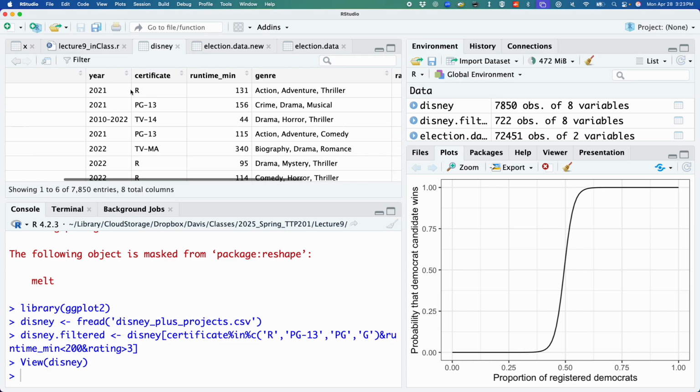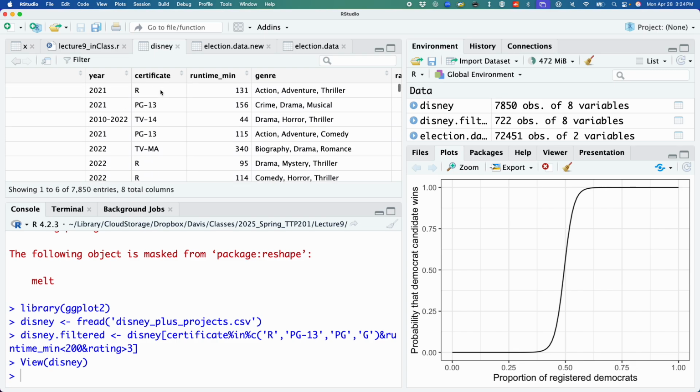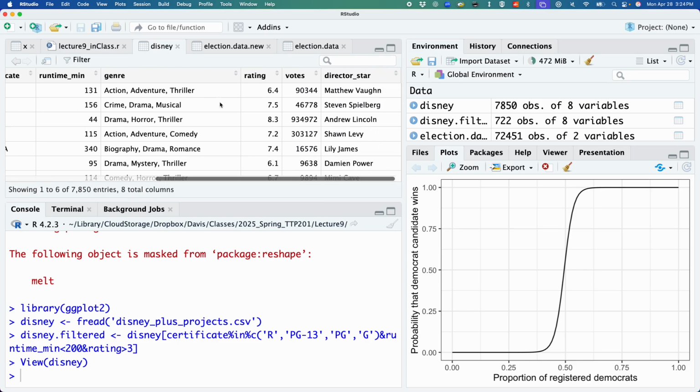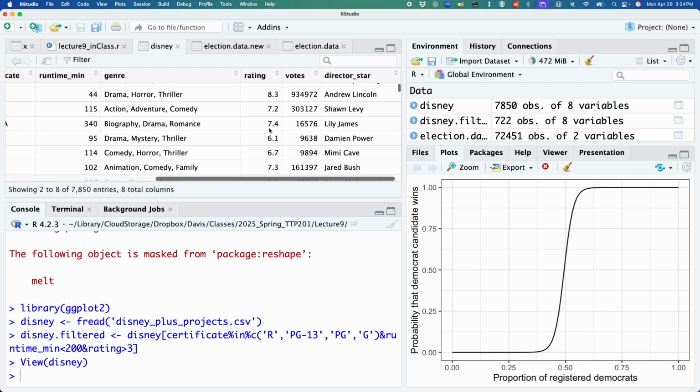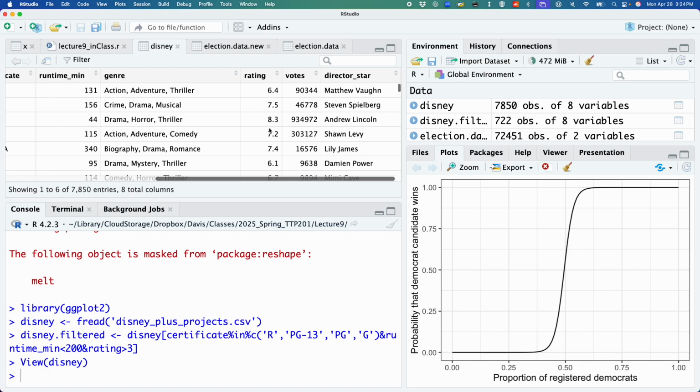It tells me some information about the year, what I'm going to call the certificate, which is the movie rating, like if it's R, PG-13, and then for TV shows, if it's mature or whatever the other ones are, TV-14. It tells you how long the movie is, and the reason why I call it a certificate is we also have ratings. These are just people voting on how good the movie is out of 10.